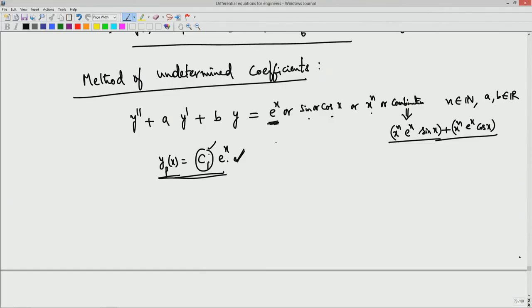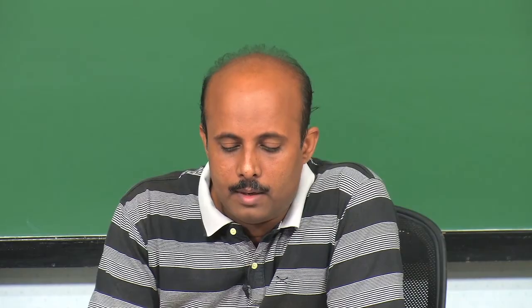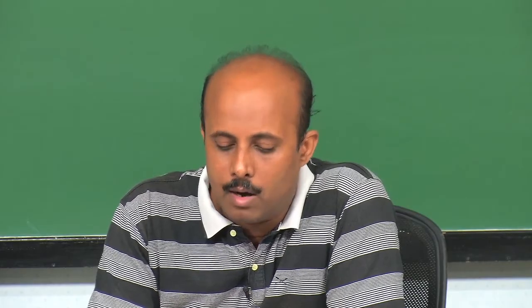Given a right hand side involving these simple functions or their combinations, you should know exactly what form a particular solution has. If you can remember all the different forms of y_p, you can find these constants.